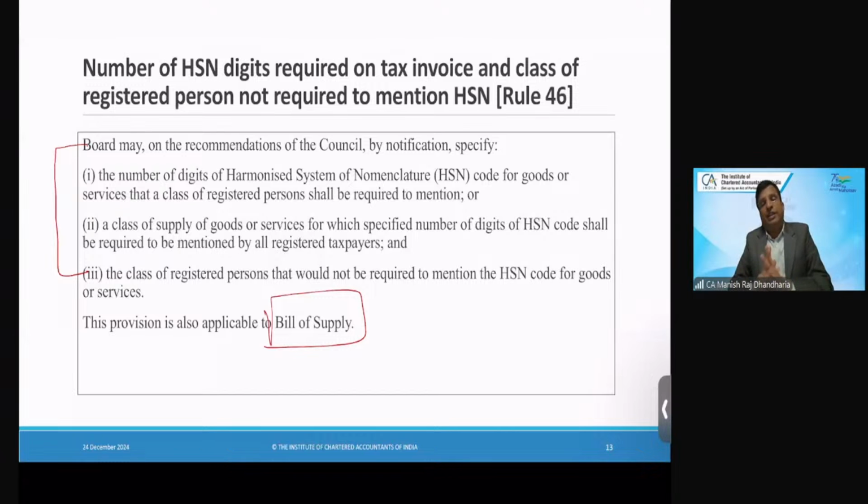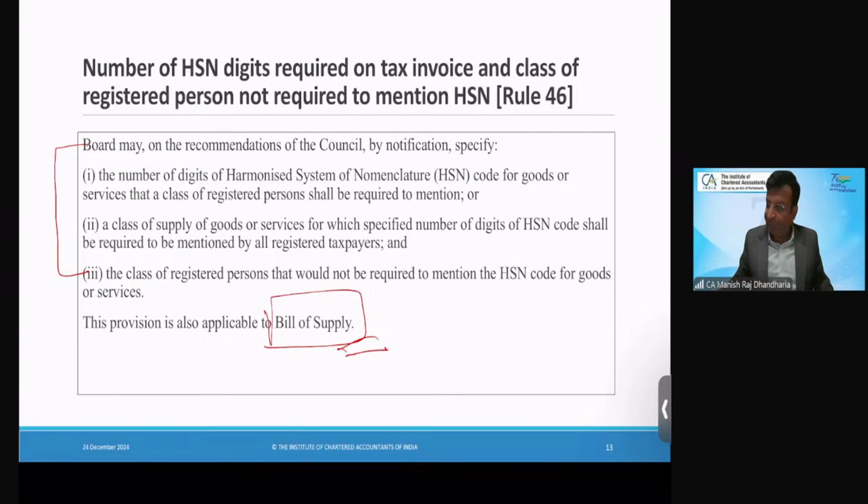So in case of exempted goods, you have to issue bill of supply. ठीक है. तो in case of bill of supply also, all the rules of HSN will apply as it is. So what are the rules? We'll see those rules now. अभी हम लोग देखेंगे क्या क्या rules है HSN के. Okay, let's see.